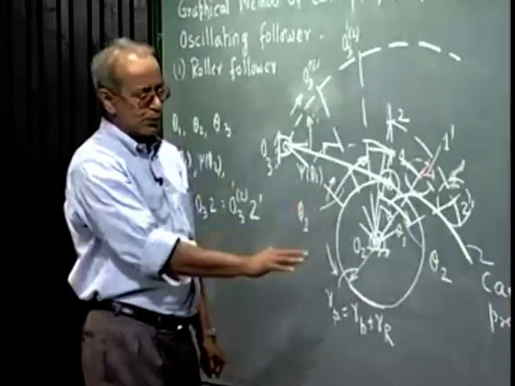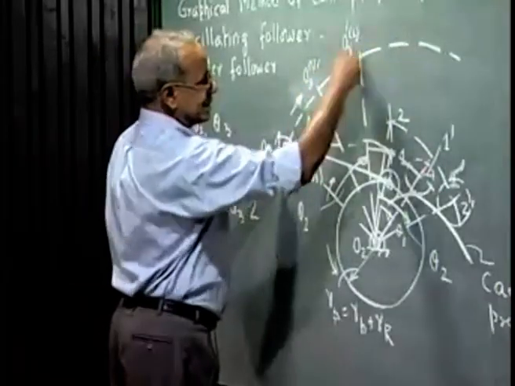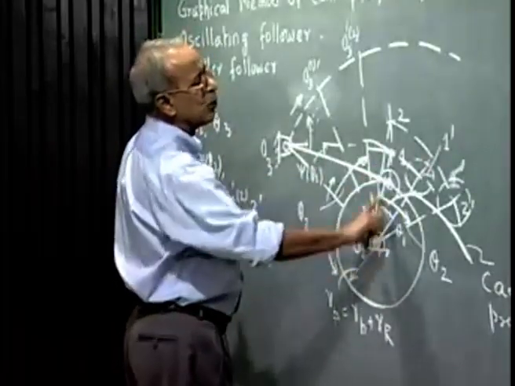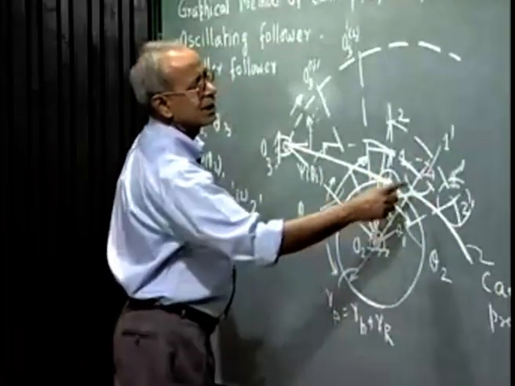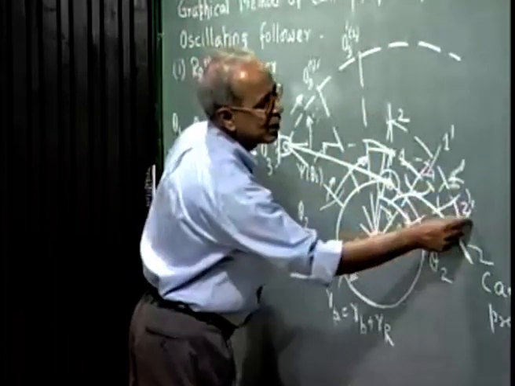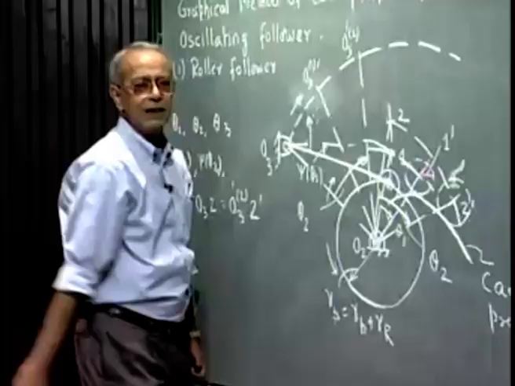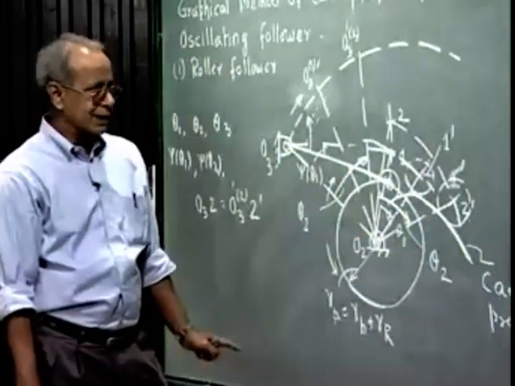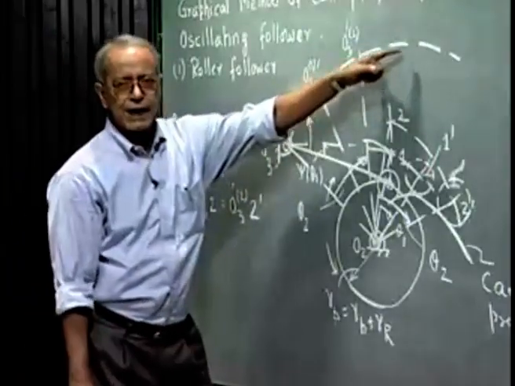This I leave for you to do, that instead of going through this by drawing two circular arcs, I can as well rotate O21 by theta 1 in the clockwise direction to get 1 prime, O22 by theta 2 in the clockwise direction to get 2 prime, and then draw the rollers and then draw an envelope to this family of circles. This I did to explain the kinematic inversion.